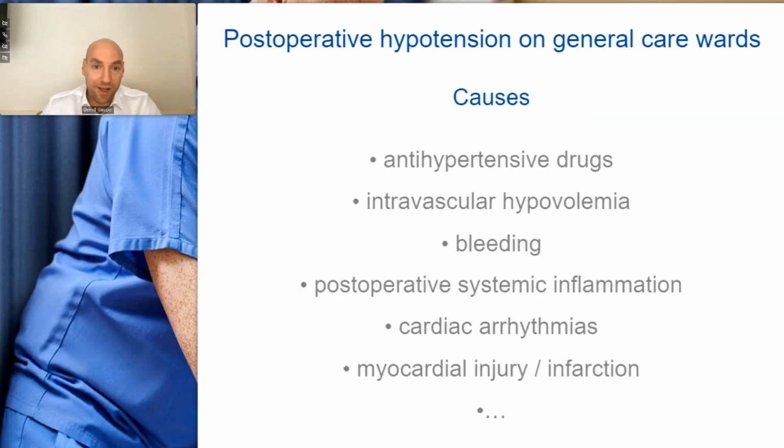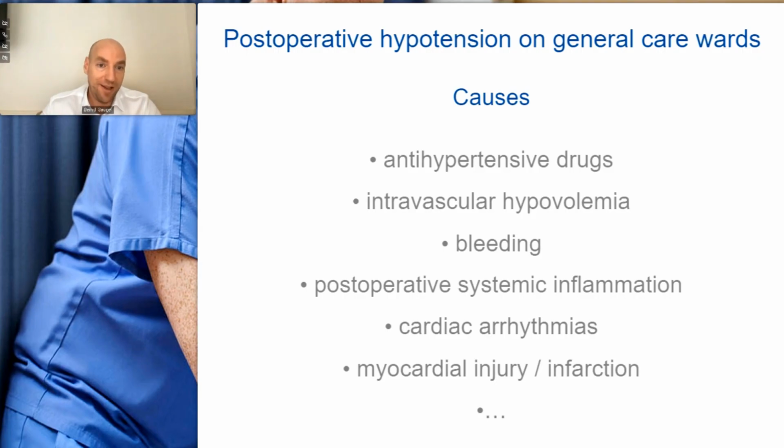On general care wards, there are a lot of different potential causes why patients can develop postoperative hypotension after surgery. A big problem is that we start the antihypertensive drugs again that usually are paused for the day of surgery, at least some of them, and often not really considering the blood pressure patients actually have after surgery.